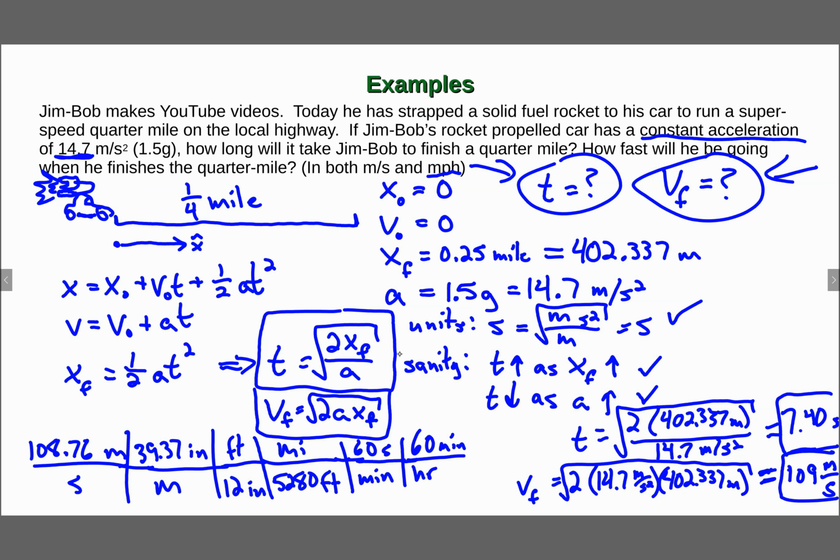Okay, so meters cancel, inches cancel, feet cancel, and we're left with miles. The seconds cancel, the minutes cancel, and we're left with hours. So we have miles per hour now. And this is vf equals 243 miles per hour.